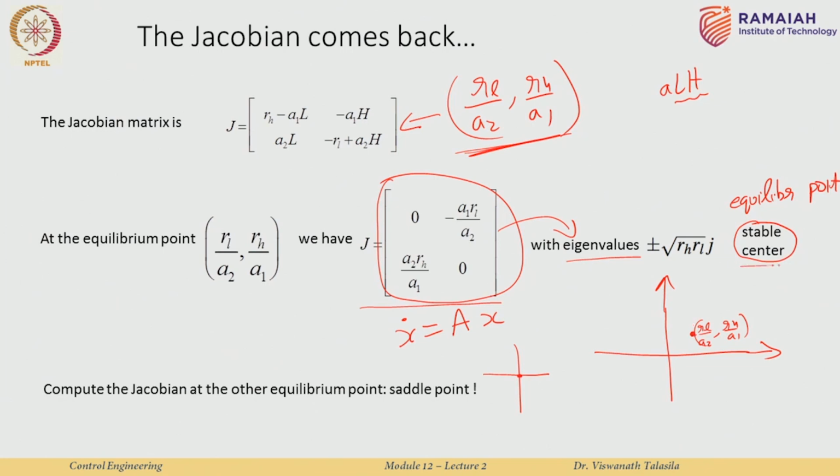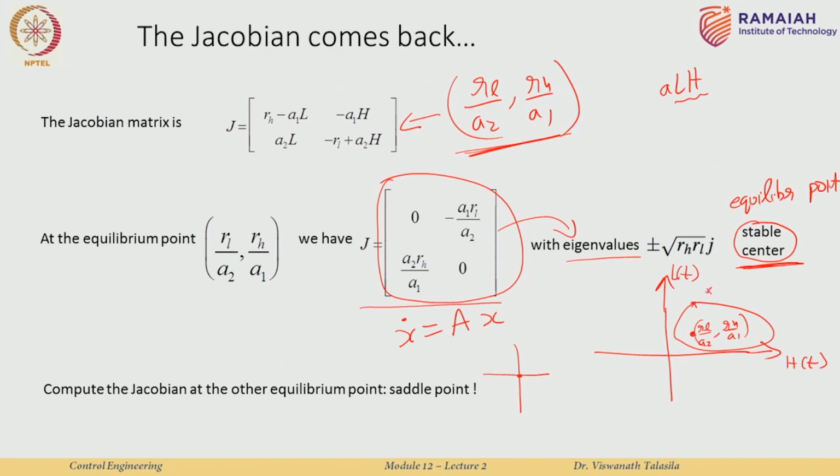Now, because it is what is called a stable center, it has the following really interesting behavior. If you start at any other initial condition, the final behavior of the dynamics when you plot H of t versus L of t will always be a closed orbit, or a closed response if you want to call it, around the equilibrium point.